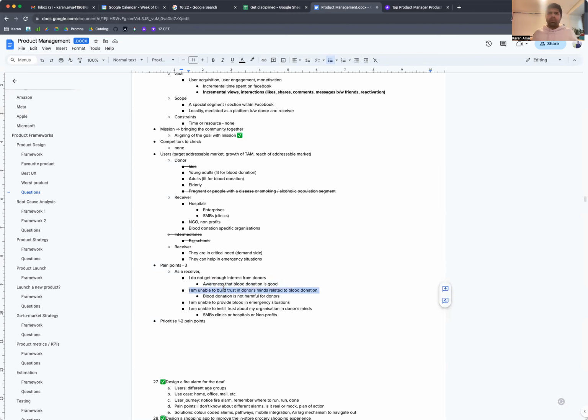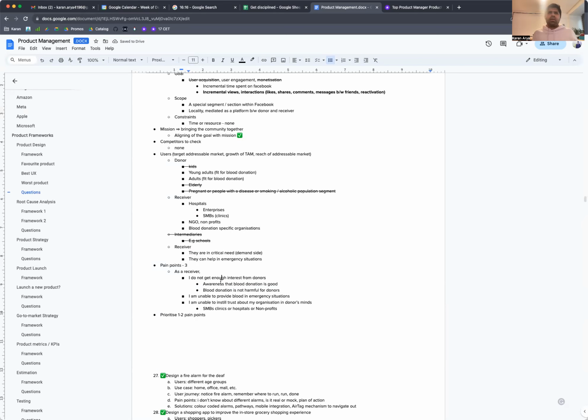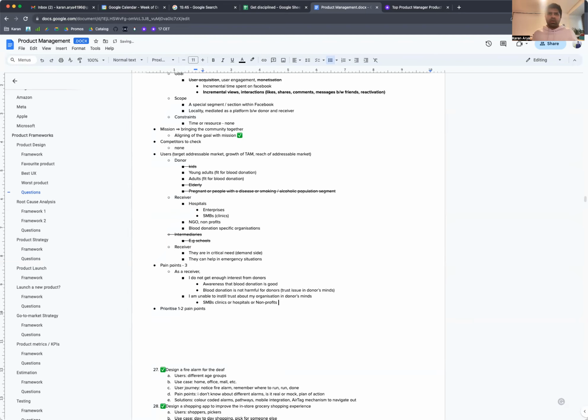So I would probably remove this and say, okay, I do not get enough interest because of awareness and because of other issues such as the blood donation trust issue in donors' minds. I'm unable to provide blood in emergency situations, but this is pretty important. But it's more like a consequence. Because I'm unable to get blood from donors, I'm unable to provide blood. That's the problem. It's more like a consequence. I would probably put this a bit down.